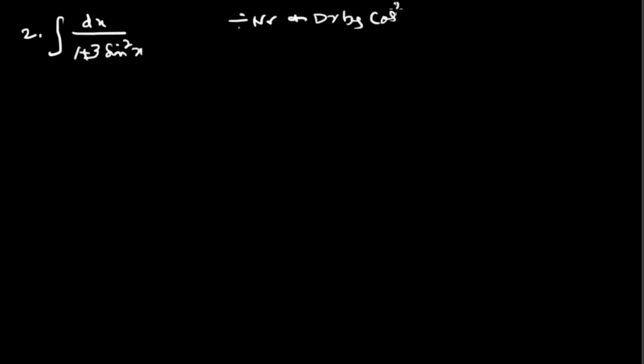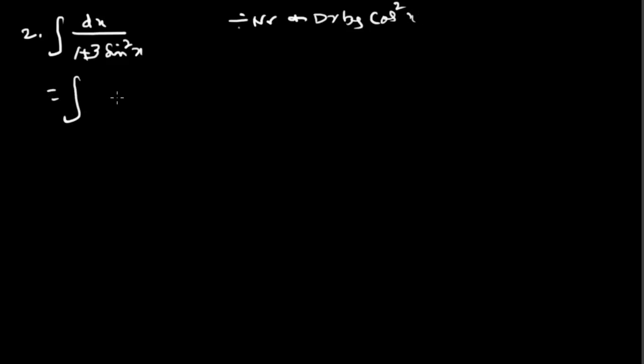Now we take the second problem. Integral dx by 1 plus 3 sin squared x. Cos squared x is not there. Even then you can divide numerator and denominator by cos squared x. Then what will happen to the problem?